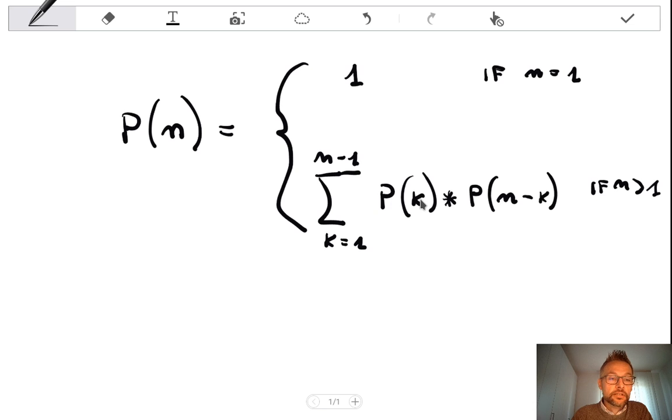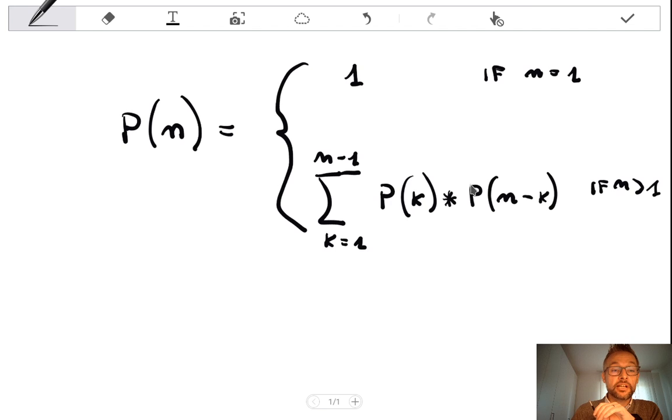So what does Pn mean again? Pn is the number of parenthesizations possible for any chain of matrices whose size is n. So in this case, n is this number. We have a chain of matrices whose size is n. How many possible parenthesizations do we have? Does it count the size of the matrices?